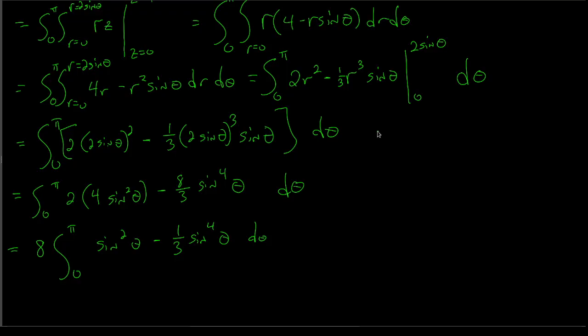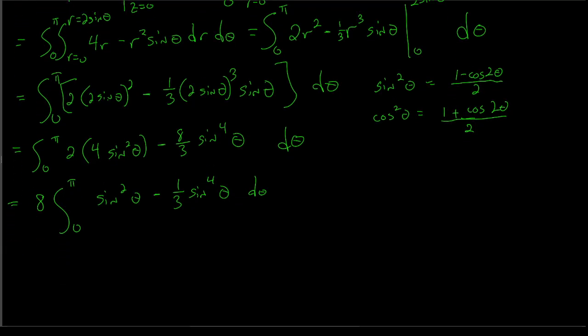So I'm going to work with the fact that sine squared theta is equal to (1 minus cosine 2 theta) over 2, and cosine squared theta is equal to (1 plus cosine 2 theta) over 2. And hopefully that'll help us clean these things up a little bit.